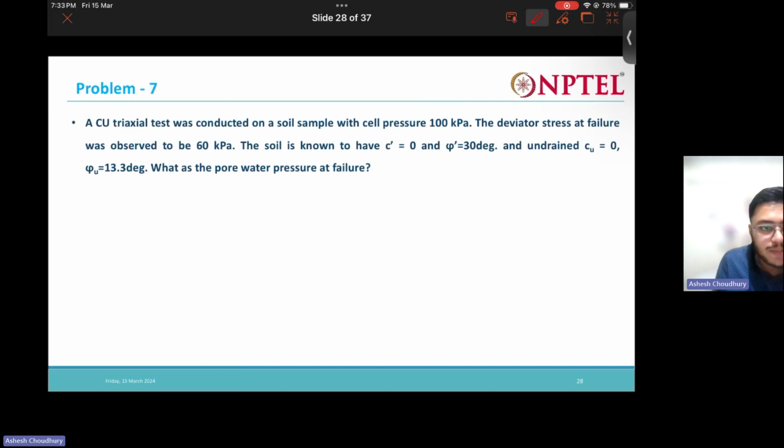Now next problem. A CU triaxial test was conducted on a soil sample with cell pressure 100 kPa. The deviatoric stress at failure was observed to be 60 kPa. The soil is known to have c equal to 0, phi equal to 30 degrees in terms of total stress, and c' equal to 0 and phi' equal to 13.3 degrees.